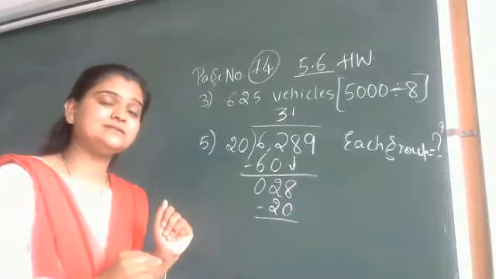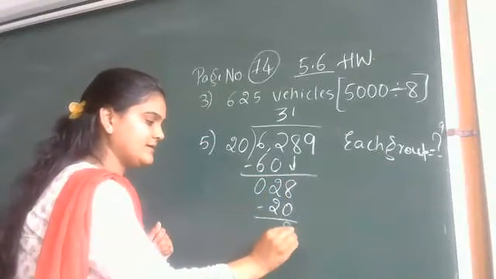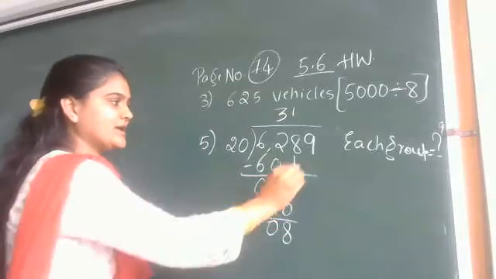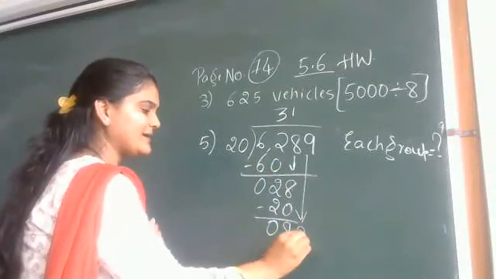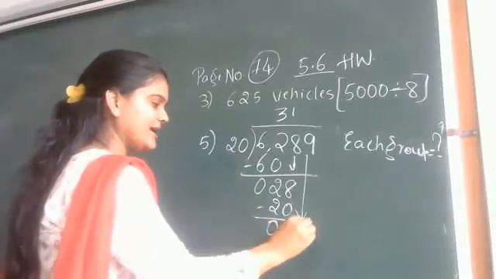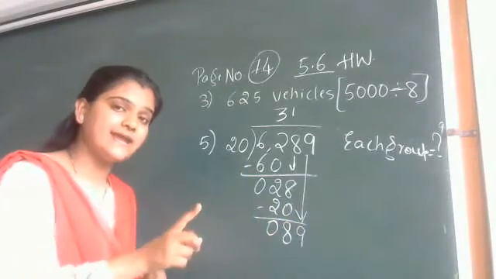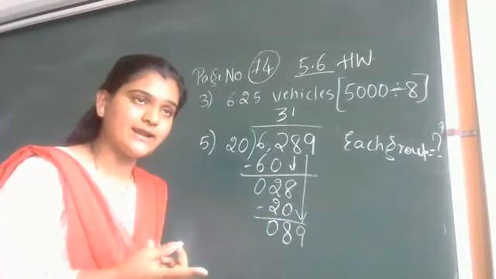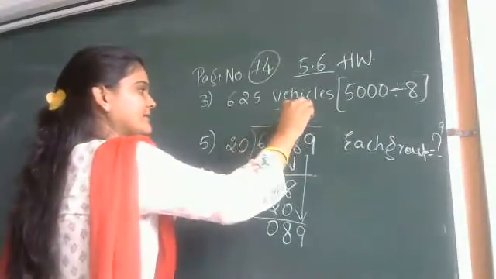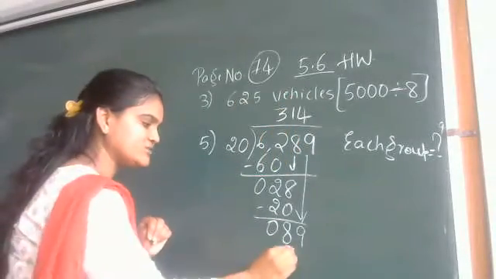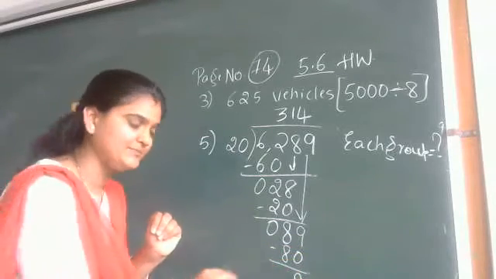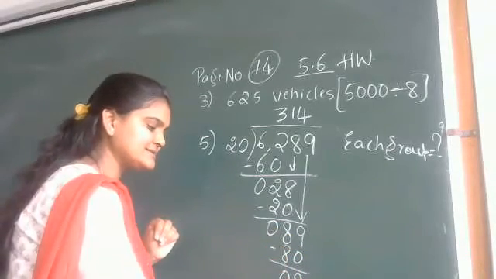Yes, 8 minus 0, 8. 2 minus 2, 0. Okay, yes. What will come down? Yes, 9. Okay, 4 twenties are 80, 5 twenties are 100. So we will have to take 20. Then we have to take 4 twenties are 80. Yes, it is 4 twenties are 80. 9 minus 0 is 9. 8 minus 8 is 0.